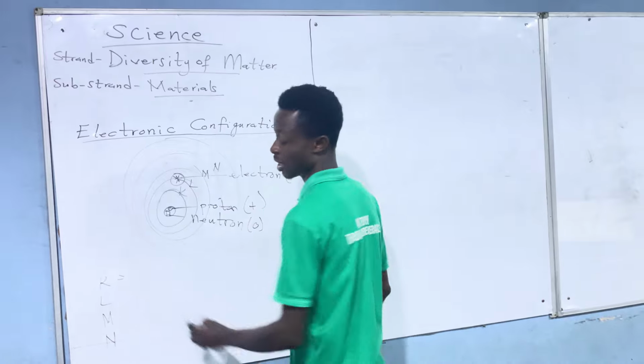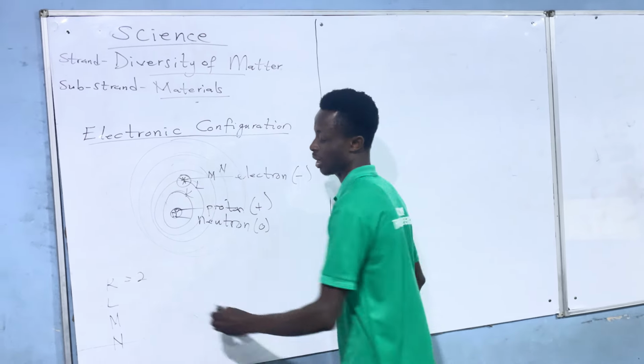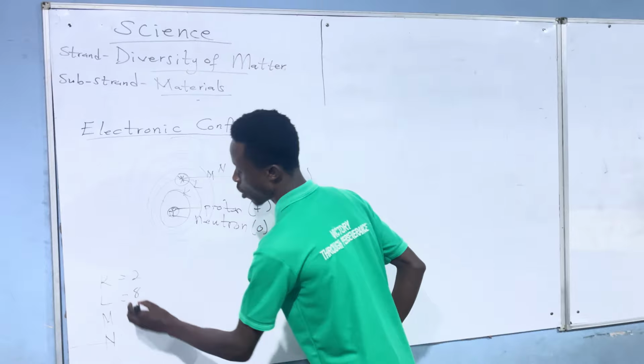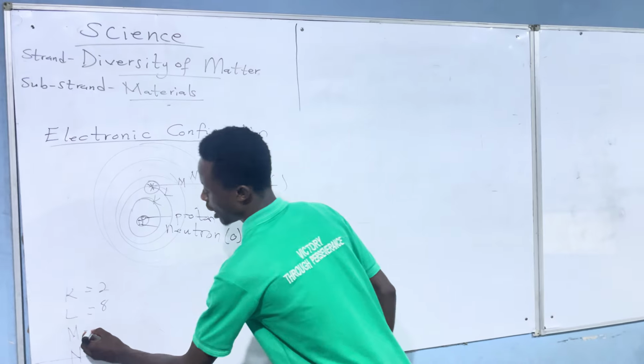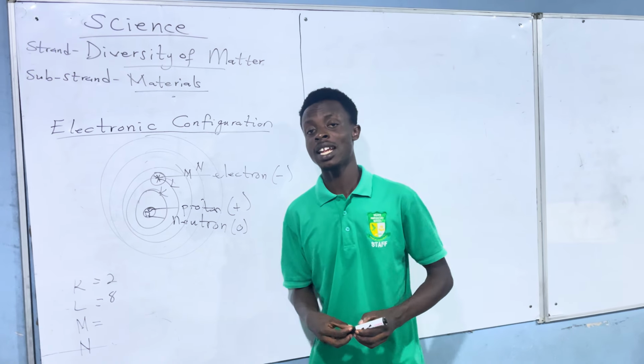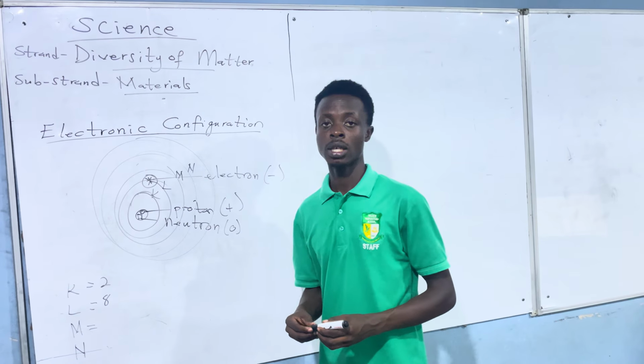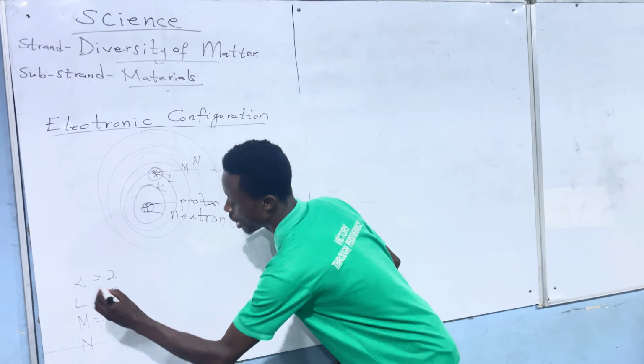So we learned that the first shell takes a maximum of 2 electrons. The second shell takes a maximum of 8 electrons. The next shell takes a maximum of 18 electrons. But looking at the first 20 elements, it takes 8 electrons.